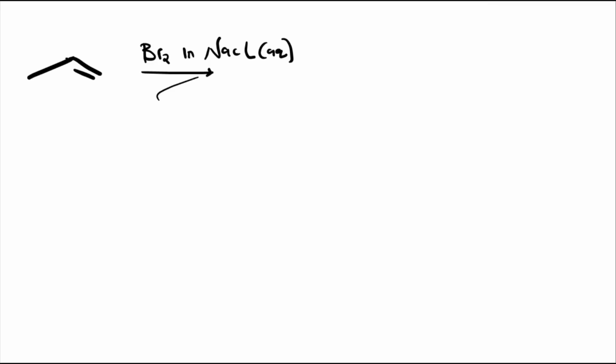Let's look at this. They're asking what is the reaction mechanism and how many products can form here. So first of all, this is an alkene. It is going to react with this bromine. So this alkene will get this bromine, and it will form a carbocation intermediate here.